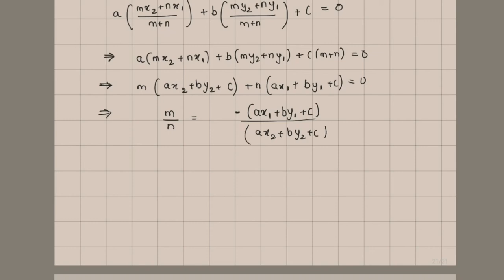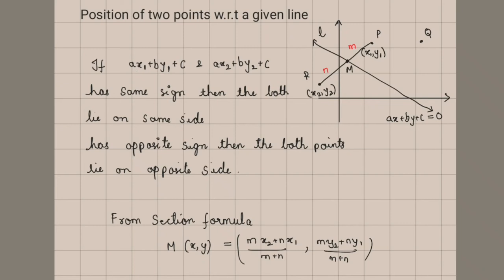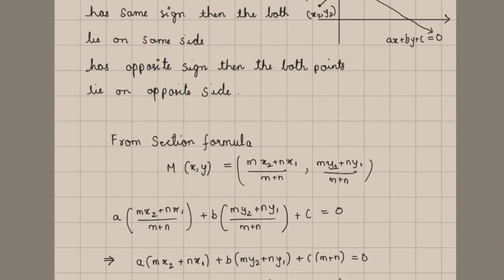See, this is so interesting a result. We have said that if Ax1 + By1 + C and Ax2 + By2 + C have the same sign, then both lie on the same side. See, if these two have the same sign, then m by n is negative. If m by n is negative, what does this mean?